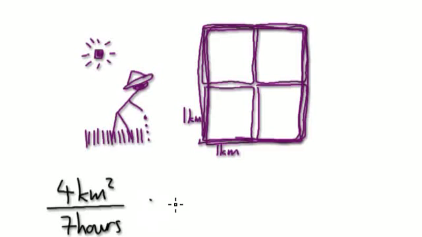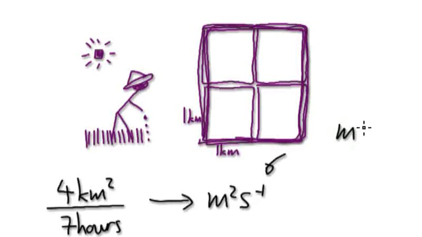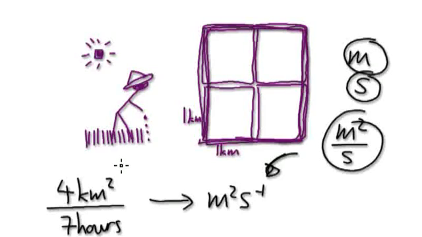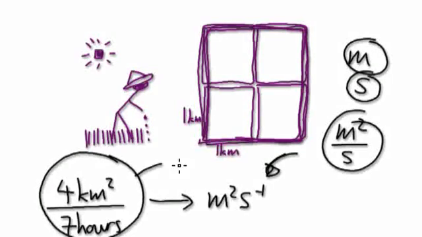Now convert this into meters squared per second. Remember, this is the same as meters squared over second. Learn to express things in terms of meters and seconds. These are very common. Your job is to convert this into meters squared per second. So press pause and have a go.